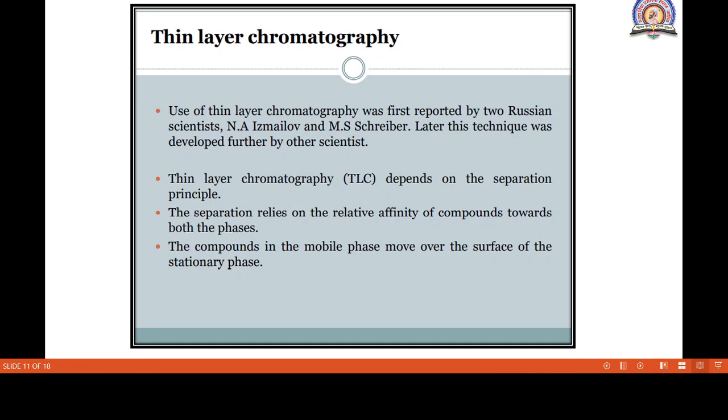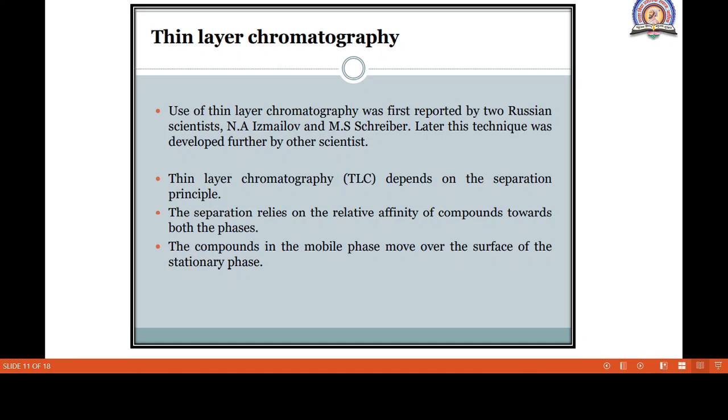This thin layer chromatography was reported by two Russian scientists, N.A. Izmailov and S.V. Shraiber. Later, this technique was developed further by other scientists.